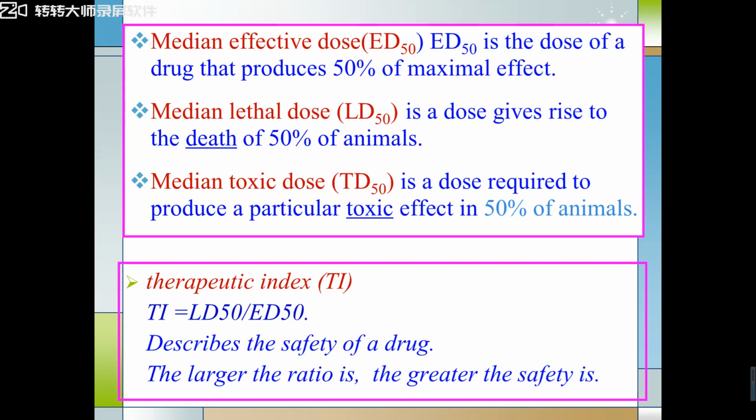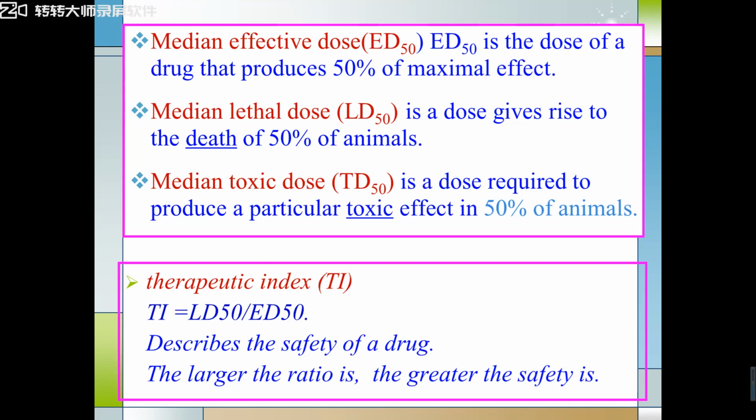We use TI, the therapeutic index, to describe the safety of a drug. The larger the value of the therapeutic index is, the wider the margin between effective dose and toxic dose is, and the safer the drug is.